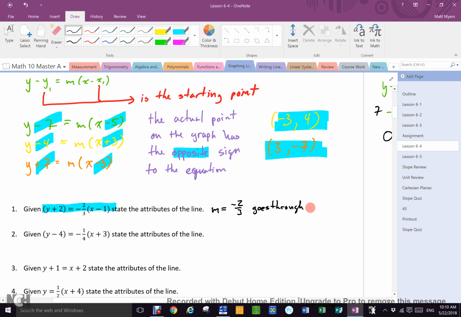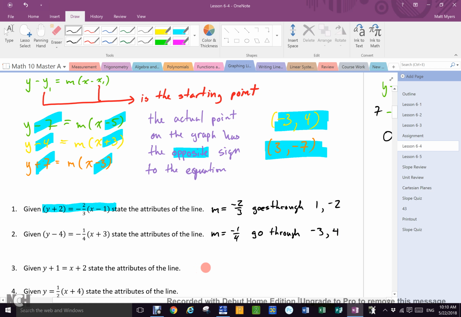Goes through 1, negative 2. What do you know about the next line? Negative. And what point does it go through? Negative 3 and positive 4.